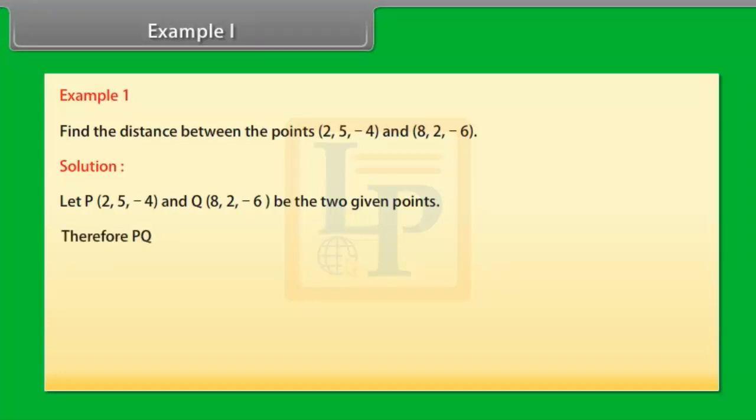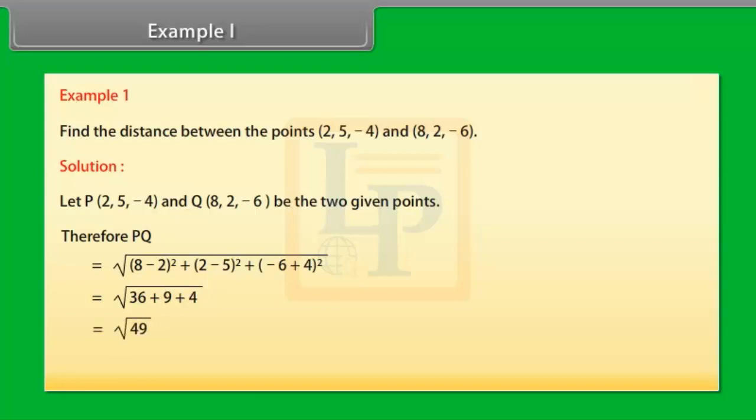Therefore, PQ = square root of (8 - 2)² + (2 - 5)² + (-6 + 4)² = square root of 36 + 9 + 4 = square root of 49 = 7.